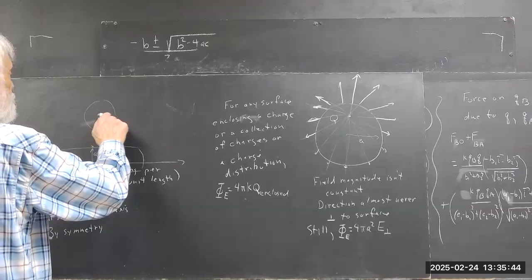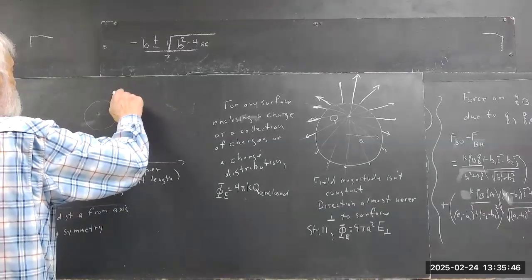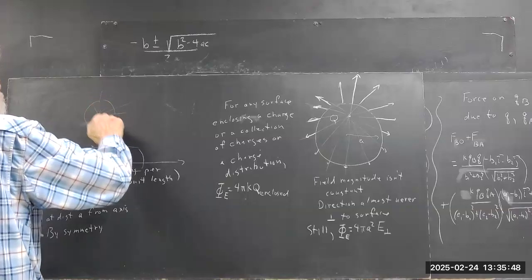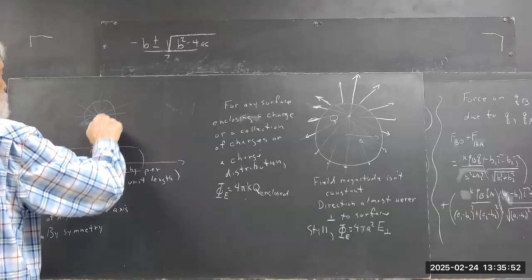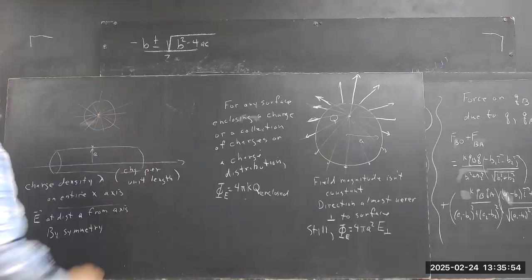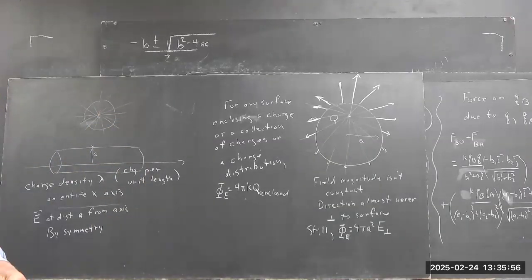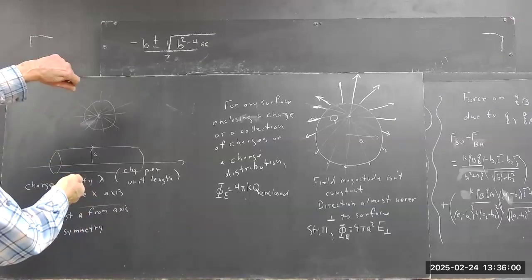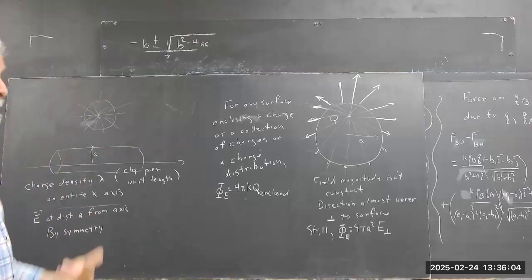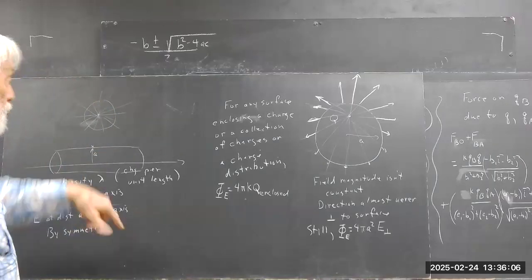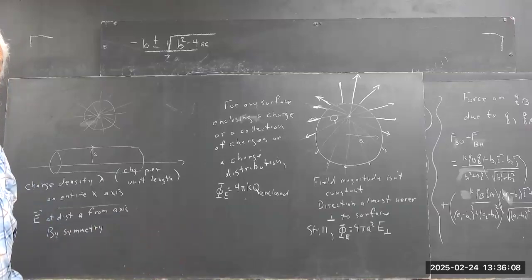Here's our cylinder. Field lines have to be radial, because if they weren't radial, I could do one of two things. I could rotate the cylinder a little bit, and anything that isn't radial is going to be in a different place. So it's not going to look the same. It's going to violate symmetry.